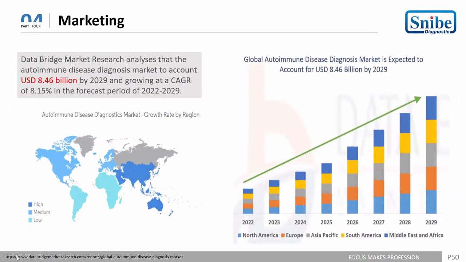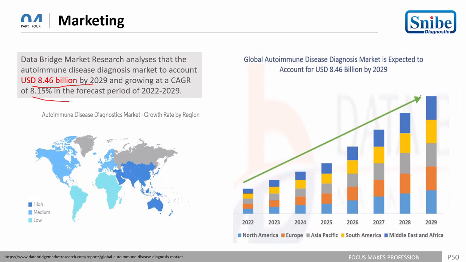So the overall market data shows that the autoimmune disease market will be around 8.46 billion US dollars by 2029. The other important thing is the CAGR for the forecast period of 2022 to 2029. The CAGR is 8.15%, and you can see that from 2022 to 2029, it may increase up to 8.46 billion US dollars.